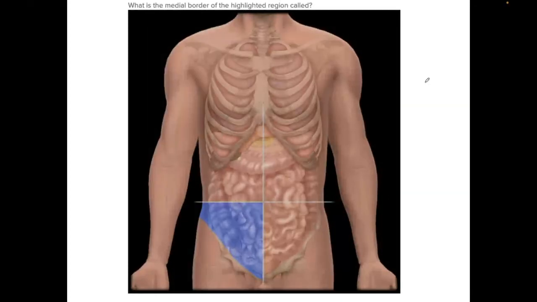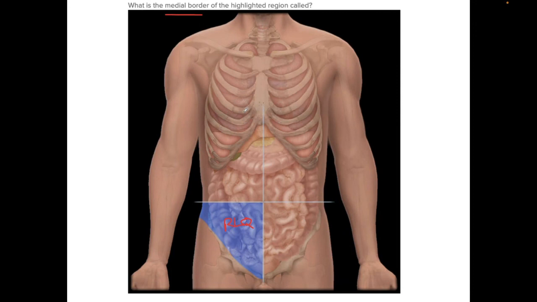Okay? So now let's look here and let's look at the question, because everyone wants to go, oh, that's the right lower quadrant. I know that. Let's call it the right lower quadrant because that's what this highlighted region is, but that's not what they're asking. Look, what is the medial border of the highlighted region called?